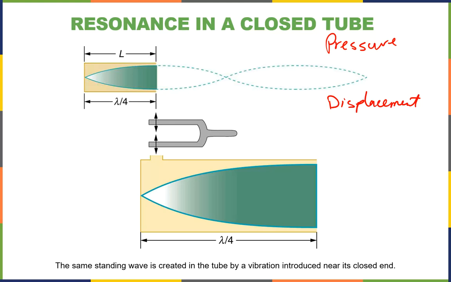So on a closed tube, at the closed end, the displacement is at a node because they can't move into the end. Whereas at the other side, the displacement can be anywhere, so it's a displacement antinode.